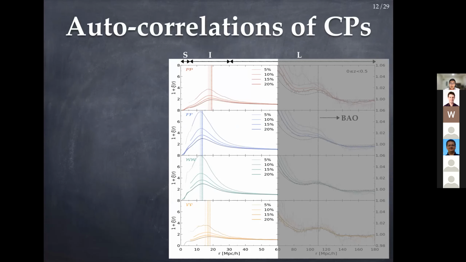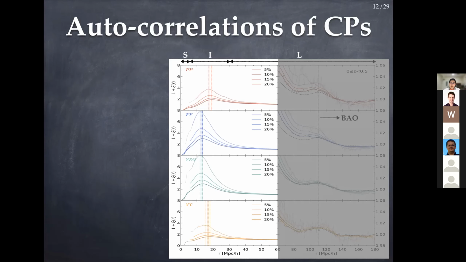But before we interpret the results, let us briefly recall what correlation actually tells you. The correlation function provides the information of the clustering strength of tracers of interest at a given scale relative to the random point distributions.